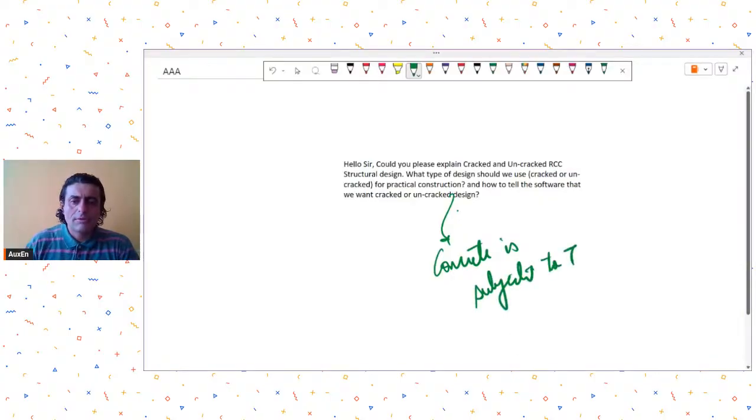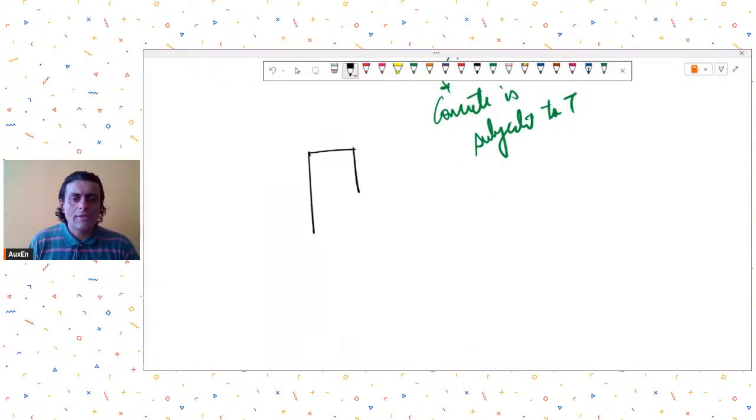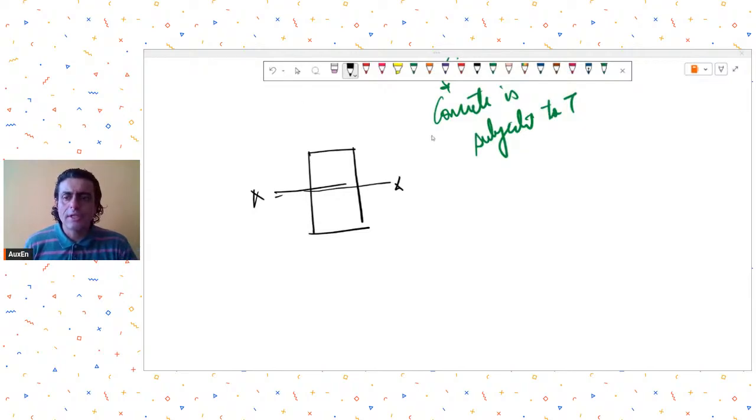Concrete will be subjected to tension under flexural moments or flexural action, or when there is axial tension. Now, if this was my cross section, and moment was sagging in nature, then tension is at the bottom. So usually, how do we consider the cracked concrete in our calculations? Tell me.